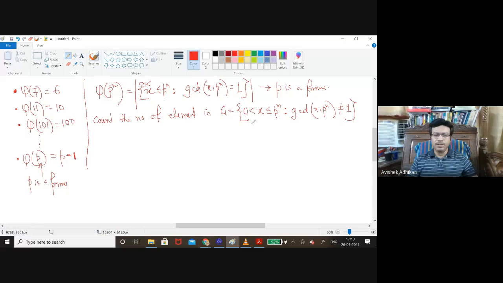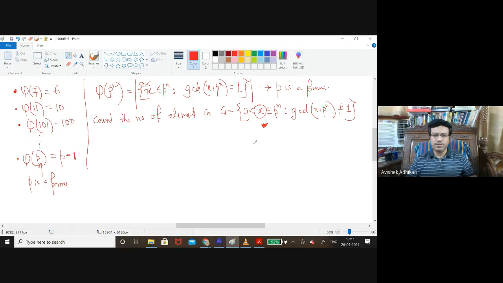Can anybody tell me the characterization of this x? x has a particular property such that GCD of x and p to the power n is not equal to 1. Those are elements which are not relatively prime to p to the power n. So x must have some special property.